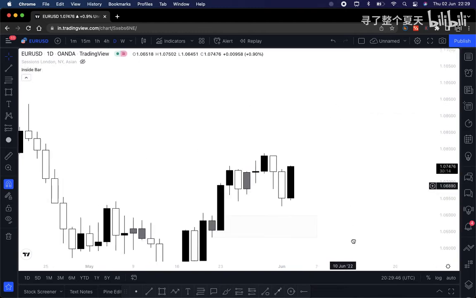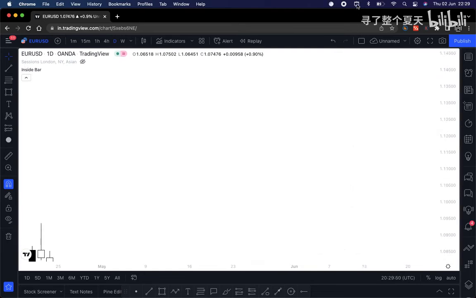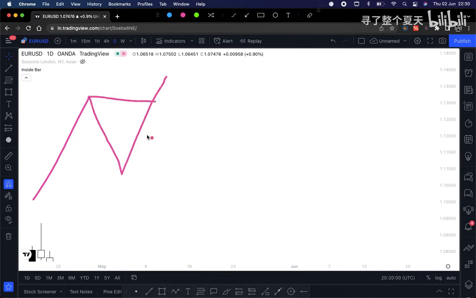Because let me just give you an example. Let's say you're looking at the daily time frame, price creating higher highs and higher lows. We get that break of market structure, right? So we understand very well that a run on a higher time frame is a trend on a lower time frame.